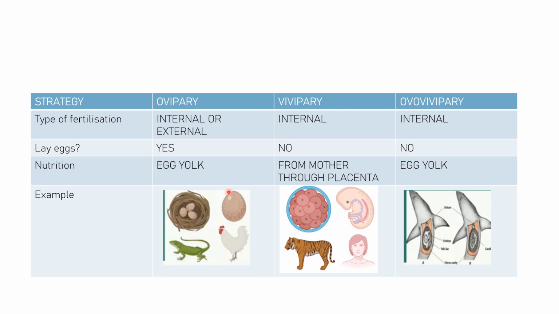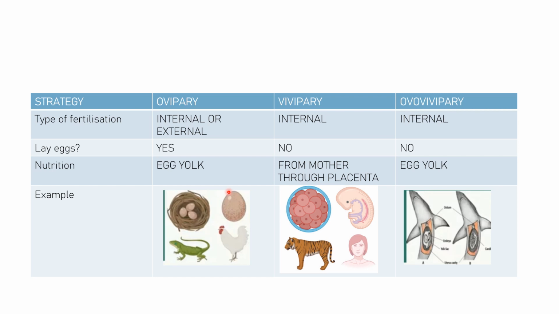So you only have internal fertilization in viviparity. Then in ovoviviparity, you are also going to have internal fertilization. So this brings us to the conclusion that oviparity is the only reproductive strategy whereby external fertilization can occur, but with the rest it's all internal fertilization.